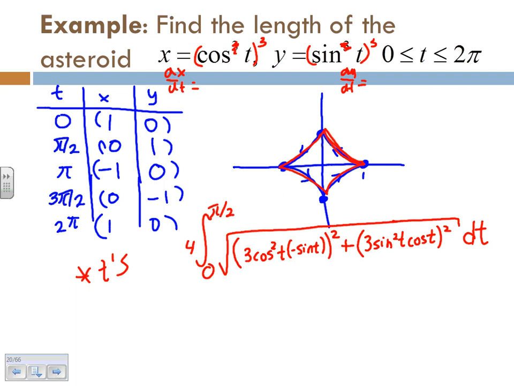Alright, so I find my two derivatives, I put them in and square them with a plus. Finish this one by hand. Let me tell you what your answer should be. It's 6. Talk within your group, finish it by hand. What do you think you're going to do first?